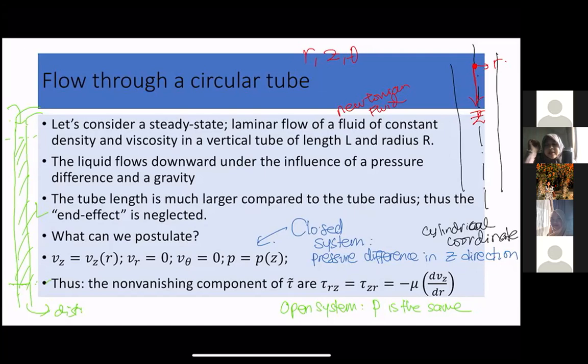All right. Okay, ma'am. Thank you. This is actually very crucial information, because in the exam we're not going to say that this is a closed system so you have to use this formula, or this is an open system so you have to use that formula. No, we're not going to say that. So it is part of the answer to identify which one is a closed system and which one is an open system.